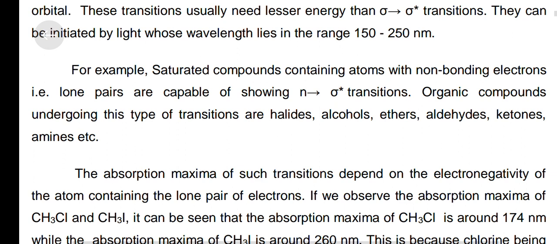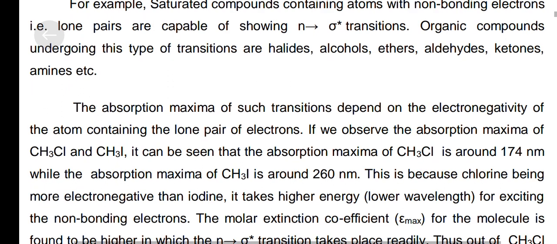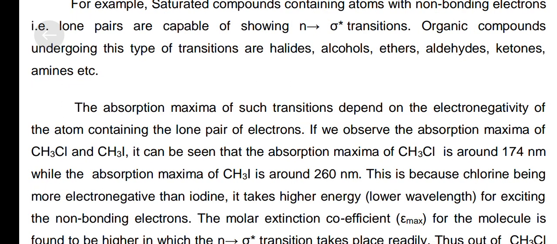The absorption maximum of such transitions depends on the electronegativity of the atom containing the lone pair of electrons. If we observe the absorption maxima of CH3Cl and CH3I, it can be seen that the absorption maximum of CH3Cl is around 174 nanometer, while that of CH3I is around 260 nanometer.